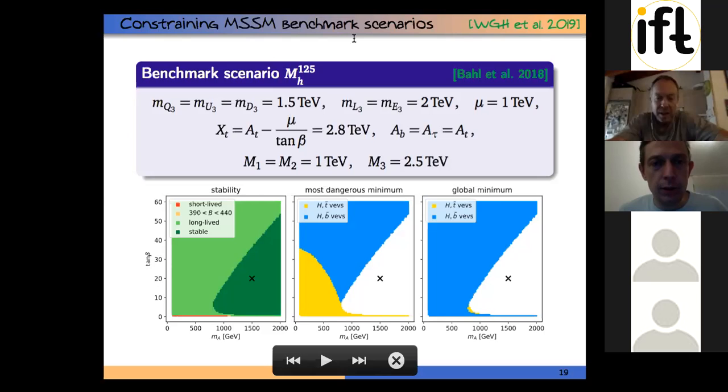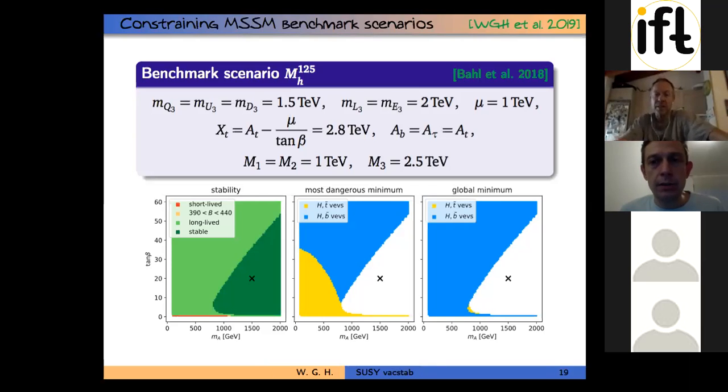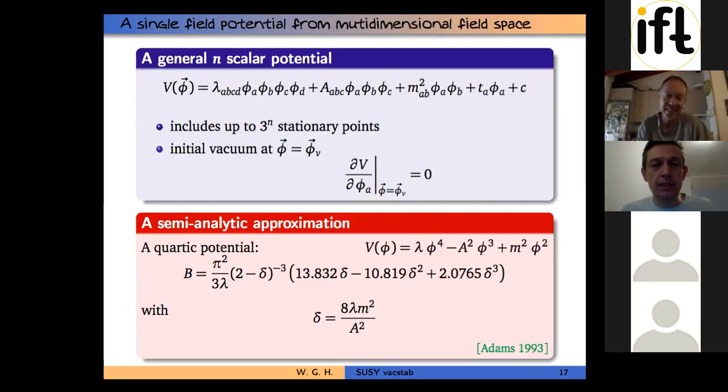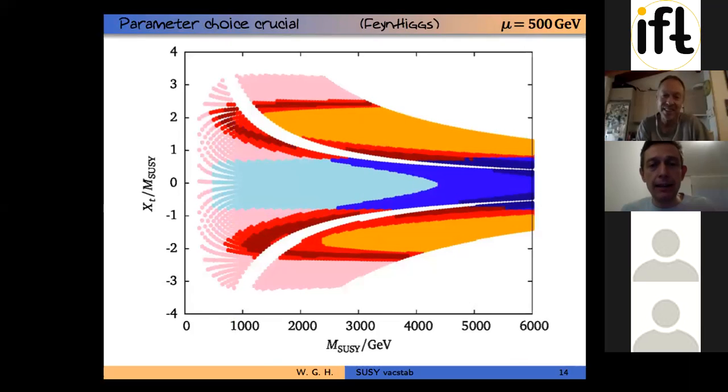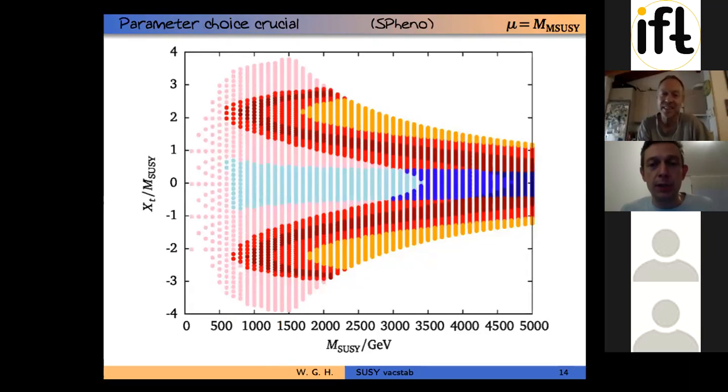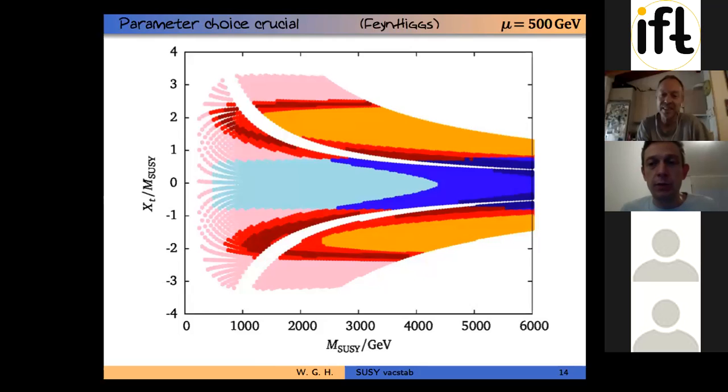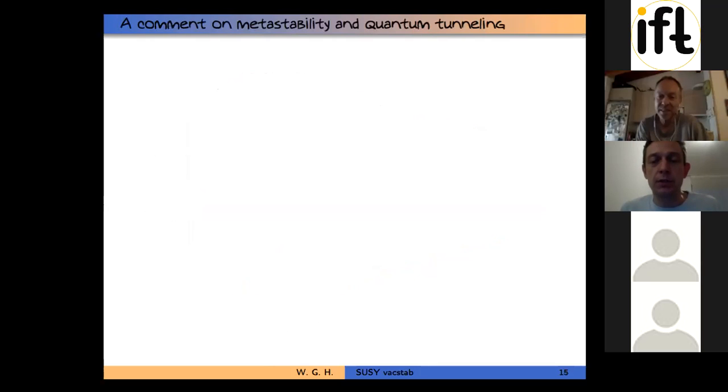Here, of course, you did your sophisticated benchmark scenario that was tuned in a way that all the experimental constraints are certainly fulfilled. In this analysis, not yours, though. We never looked at vacuum stability when we were defining it. Of course, this is why we did this. But in this previous thing, I didn't look at experiments at all. I only tried to fix this Higgs mass observation.